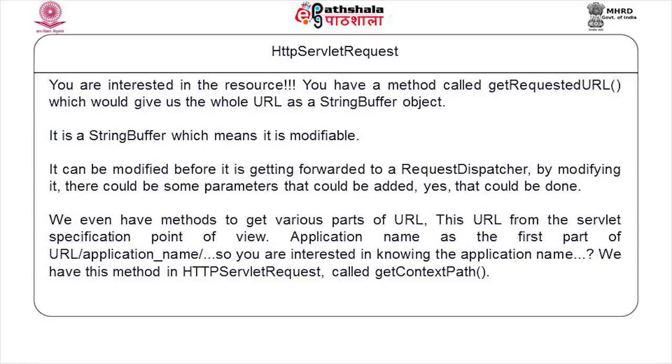We even have methods to get us the various parts of the URL. In this URL, from the servlet specification point of view, we have the application name as the first part of the URL, the very first unit after the slash. You may be interested in knowing the application name, the servlet may be interested in knowing that.